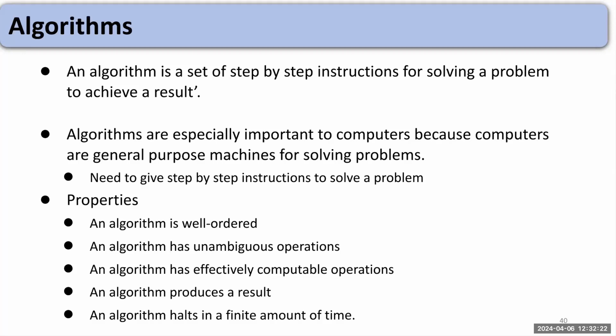It should produce a result, so there should be an input and output, and it should finish in a finite amount of time. An algorithm should not run infinitely. There should be an input point and an end point.